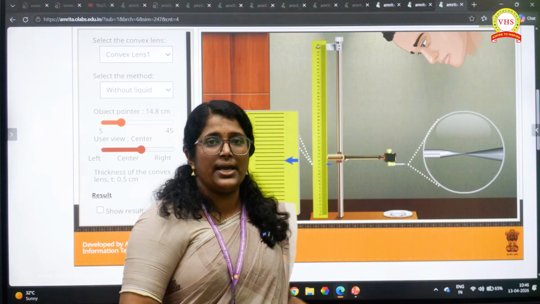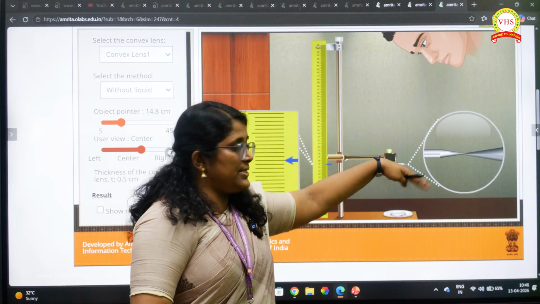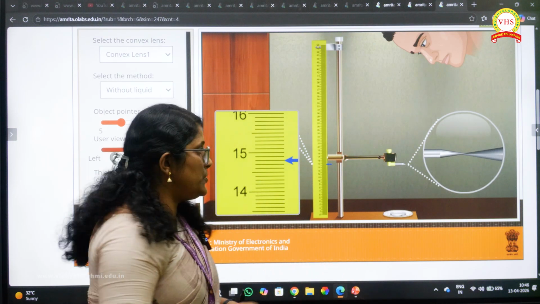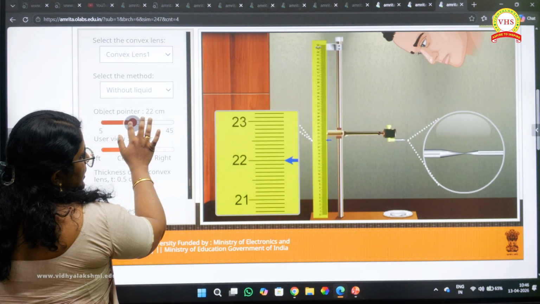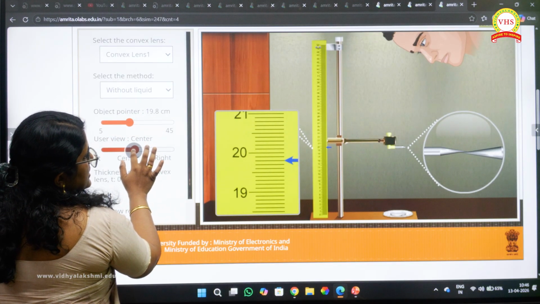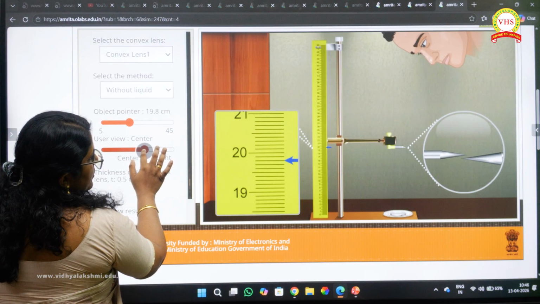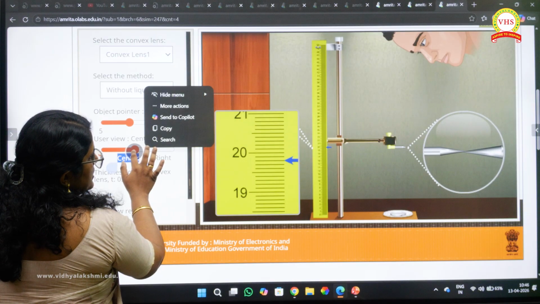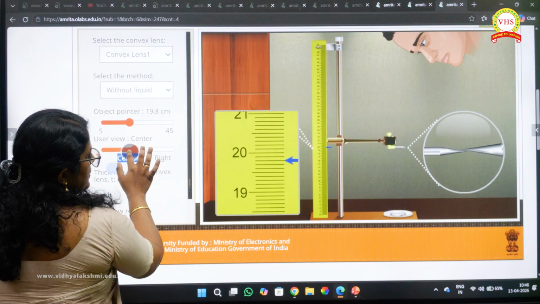Two arrangements we can change in this simulation: the distance between them, and the size of the needle. First I prefer this one. Look at the size and adjust it slowly so that they are in the same line.